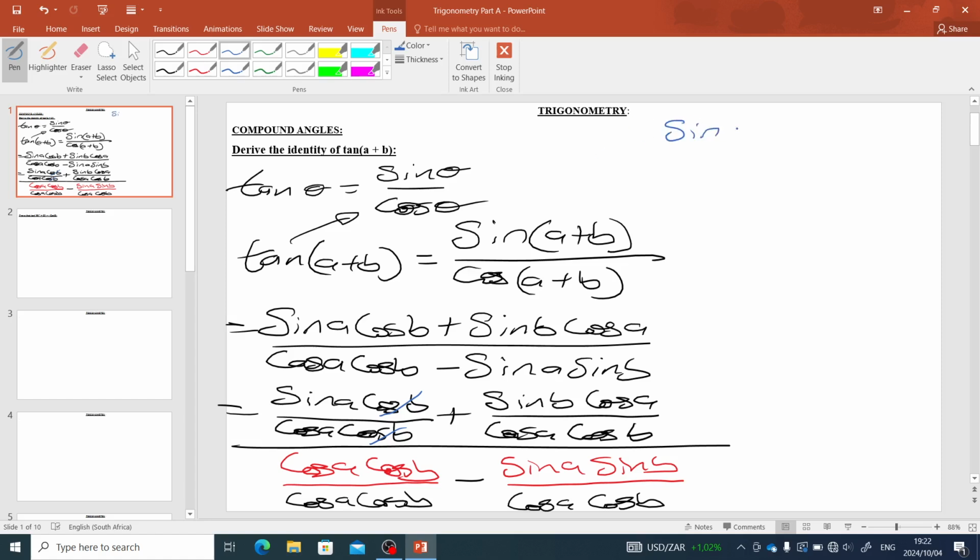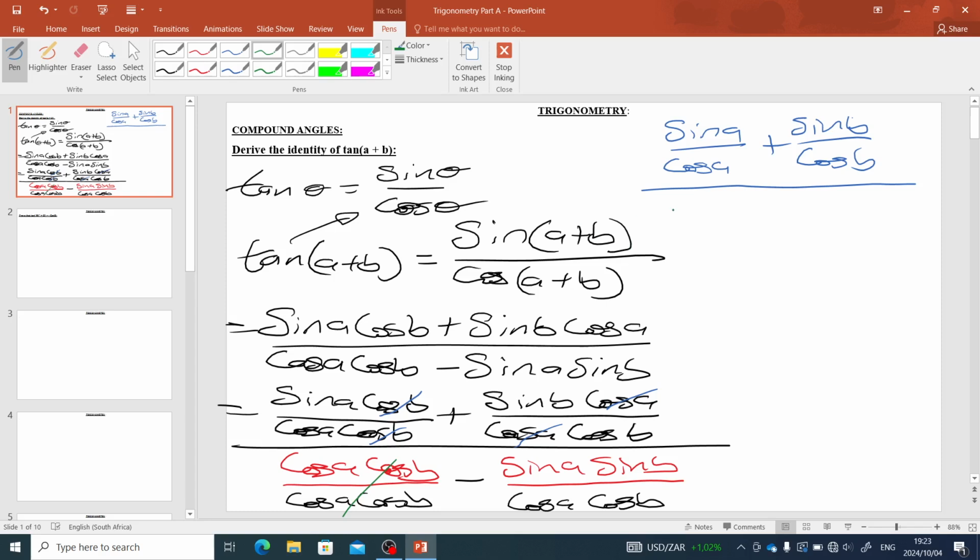We'll be left with sine A over cos A, plus, then the cos A will cancel out cos A, and we'll be left with sine B over cos B. Divided by, we come to the denominator part. Cos A multiplied by cos B divided by cos A multiplied by cos B will give us 1.